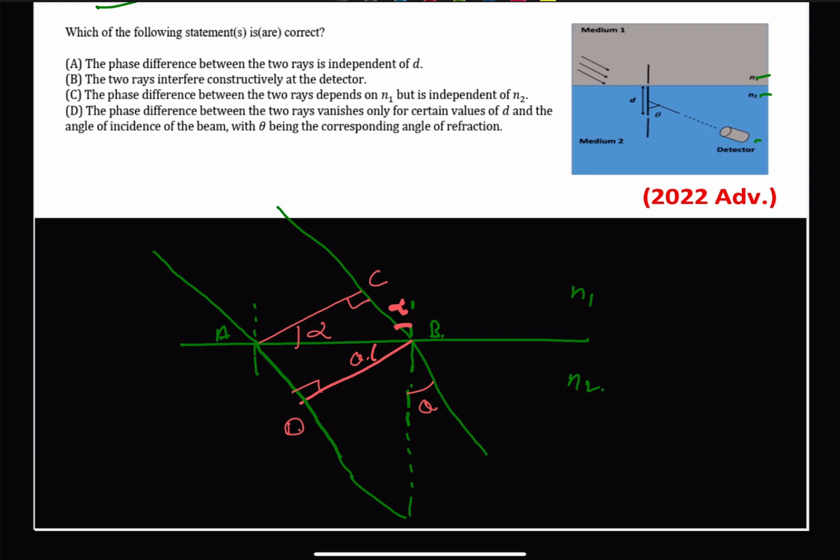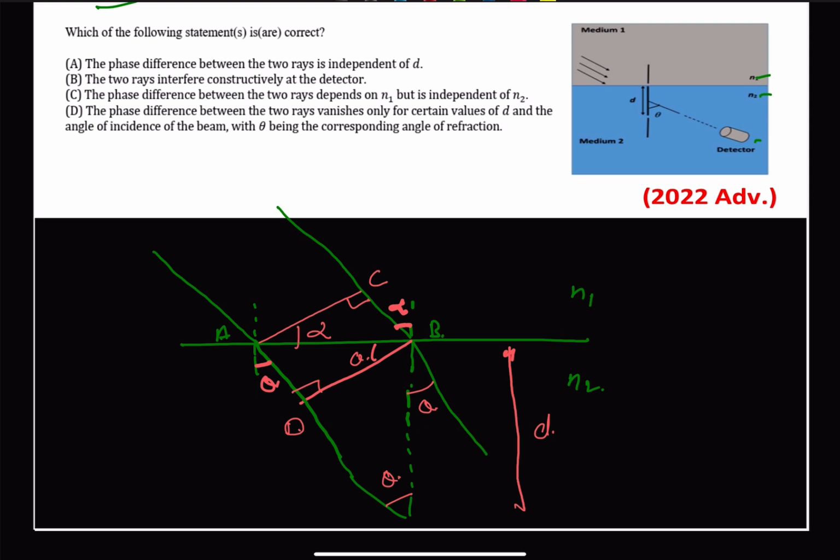We have d, and this is entirely in medium 2. So this is our d, and this angle will also be theta. So this is A, B, C, D, and this angle will also be theta. So we got all the angles.